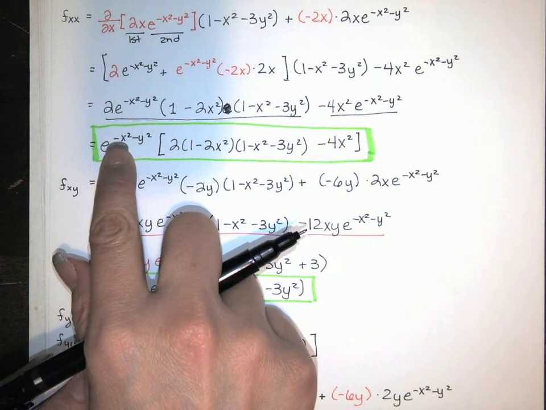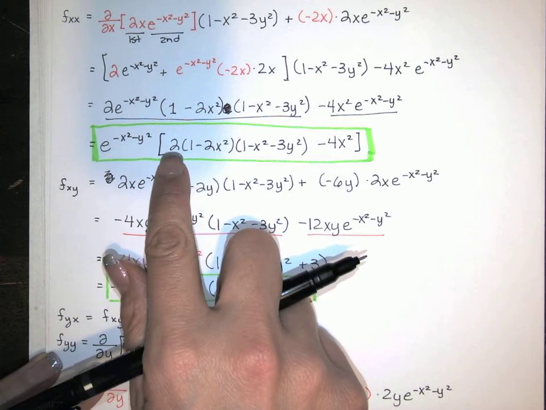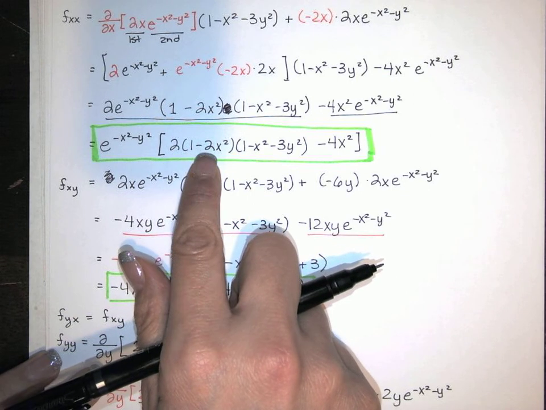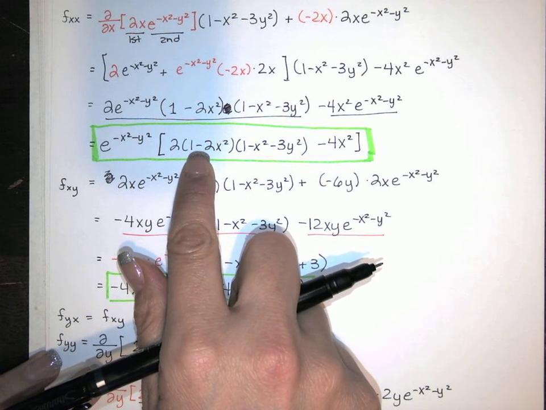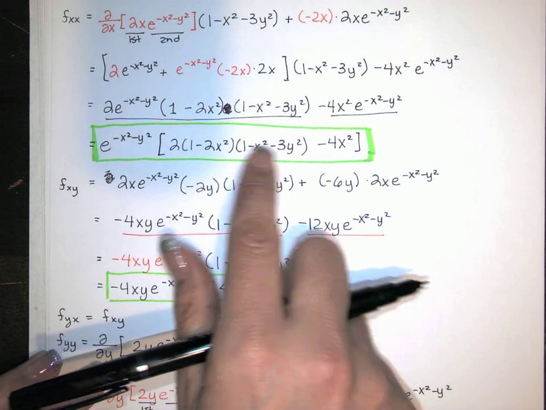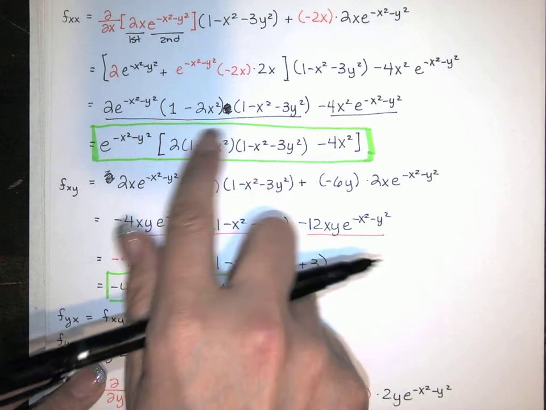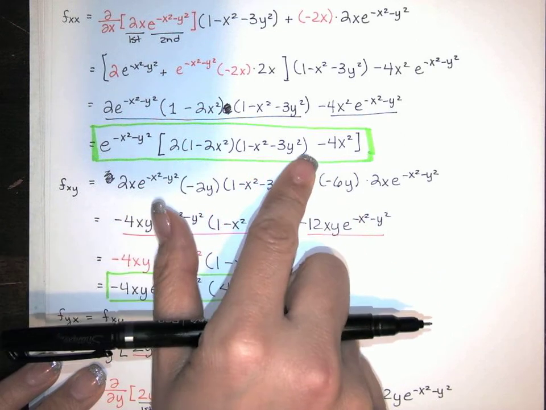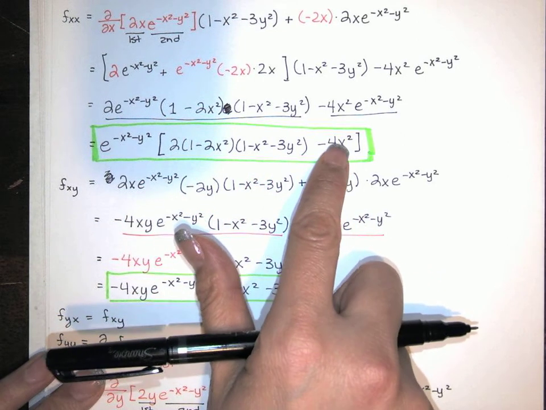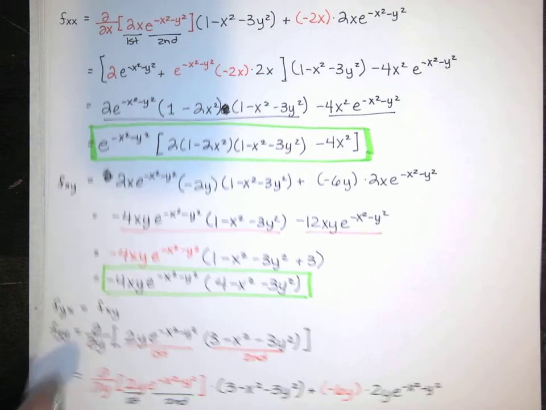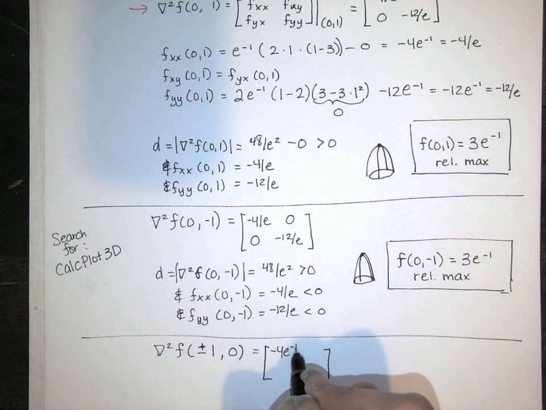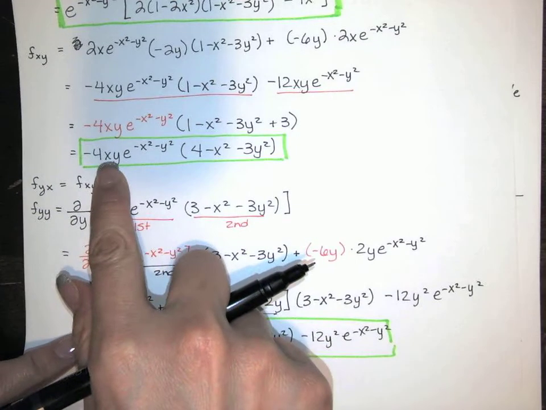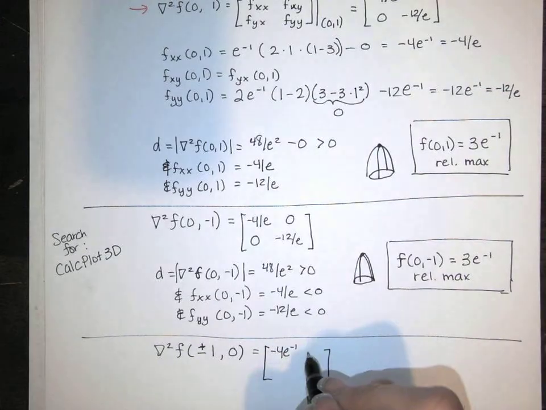So we'll have e to the negative 1. If x is 1, this is going to be 2 times the quantity 1 minus 2, so 2 times negative 1. And if x is 1, we get 1 minus 1 minus 0, so that's going to be 0. That whole factor is 0, so that's gone. And if x is 1, or negative 1, we'll have a negative 4 here. So we'll have negative 4 times e to the negative 1. Okay. And if x is plus or minus 1 and y is 0, this guy is 0 because of that factor there.